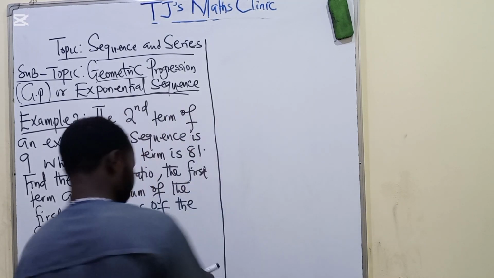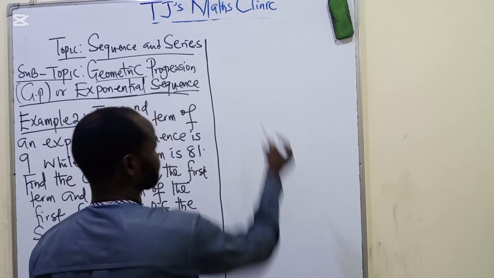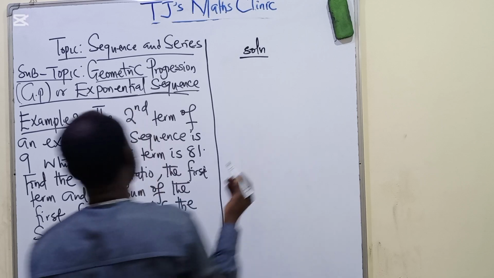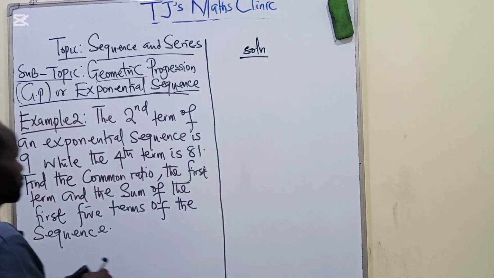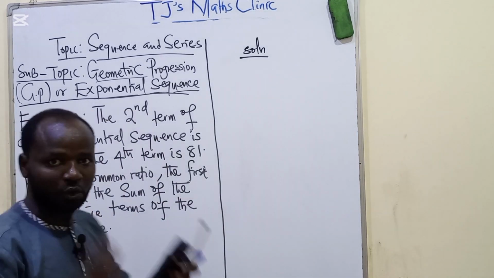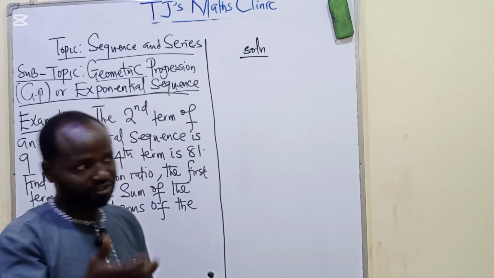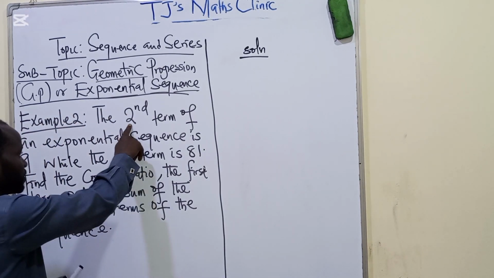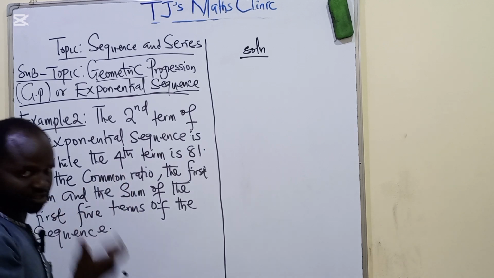First thing to do, let's write down the solution and see how we can solve this. Let's recall first, for us to approach this, we have to recall the nth term of geometric progression. Very important, so that we can interpret the second term as well as the fourth term.